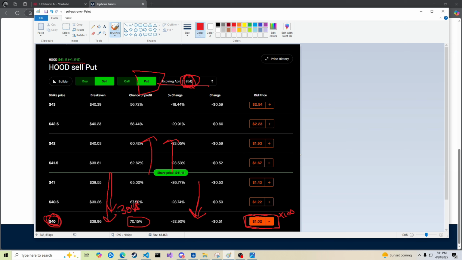Well, that means that we lost $1,000, right? Because we got paid $100 to buy the stock at $40 per share, and now the stock is $30 per share, and we still have to buy it at $40. So really, it's actually not $1,000 that we lost; it's $1,000 minus $102. Okay, so we technically had to spend $898 more for the stock because it dropped in those 5 days.